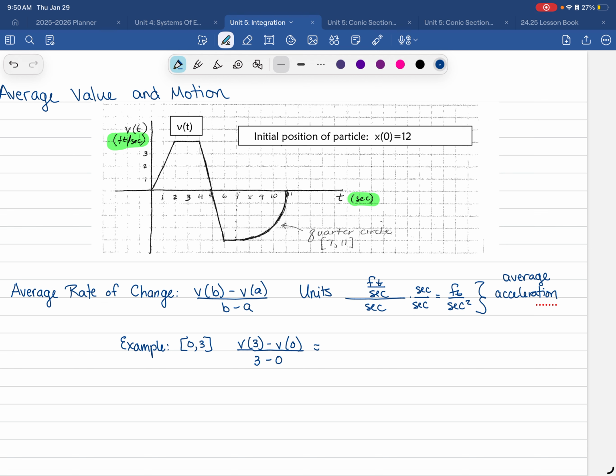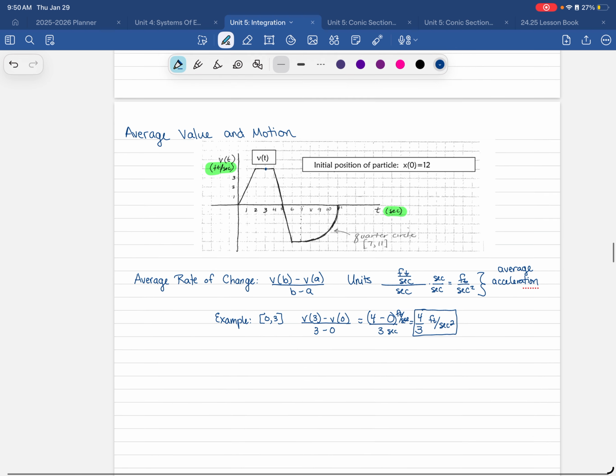So v of 3 is up here at 4, v of 0 is 0, all over 3. So we would get 4/3. And again, this is feet per second in this case, divided by seconds, so we're talking about feet per second squared. So the average acceleration between 0 and 3 would be 4/3 feet per second squared.